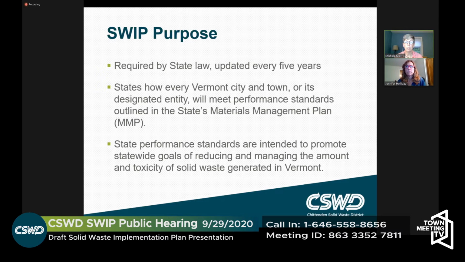And in response, every solid waste management entity, cities and towns or entities like the Chittenden Solid Waste District who manage the solid waste generation for our member cities and towns, we're required to update our SWIP in response to the requirements that are outlined in the MMP.